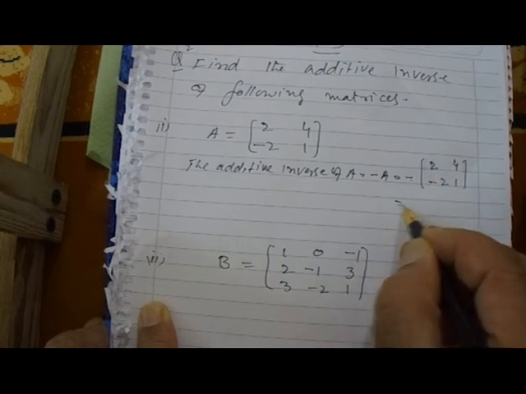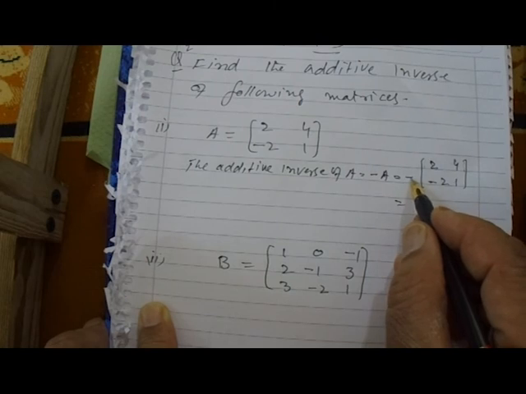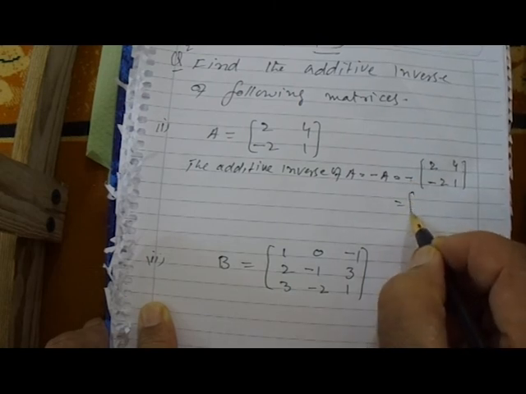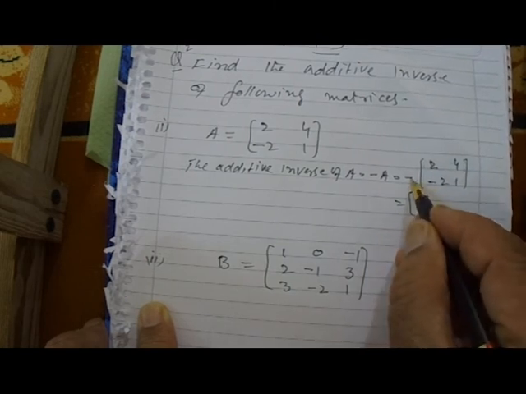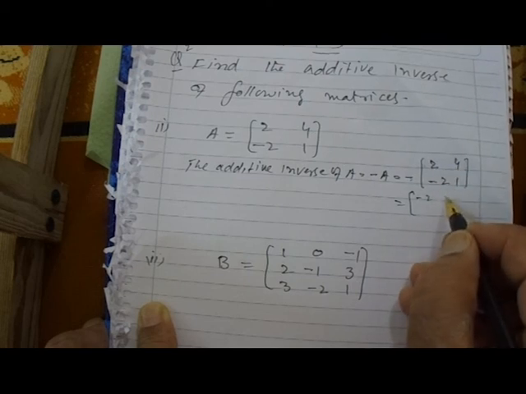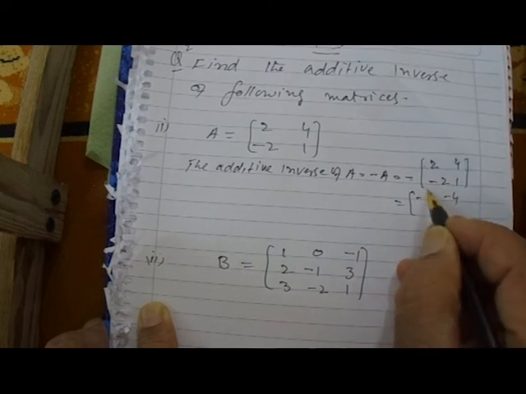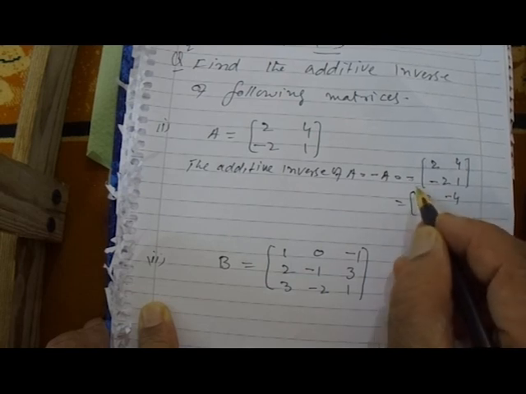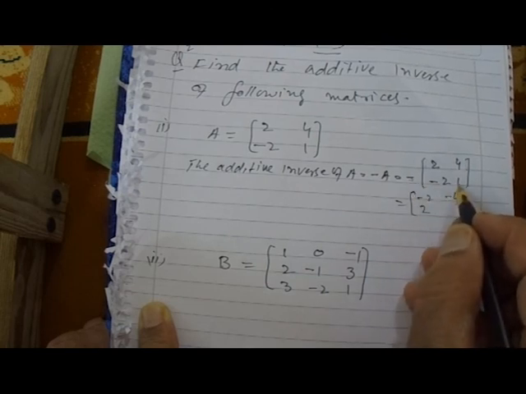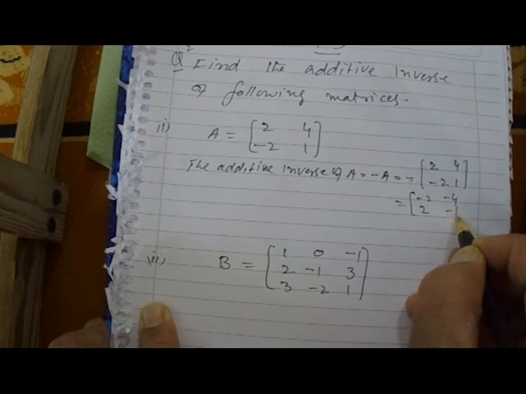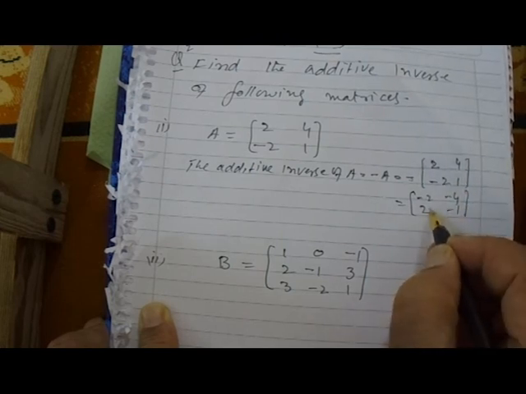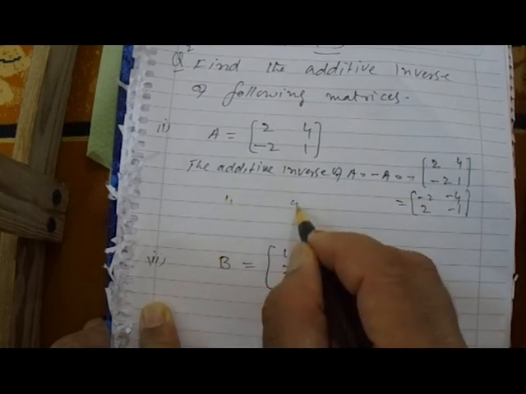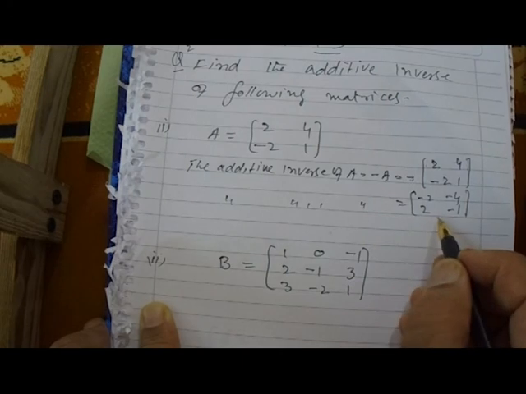So 2 times minus is minus 2, minus times minus 4 is 4, minus times minus 2 gives plus 2, and minus times 1 is minus 1. Now it is the additive inverse of matrix A. Same you write this and get the answer of this.